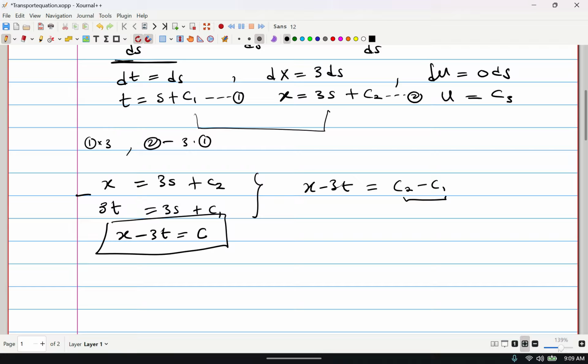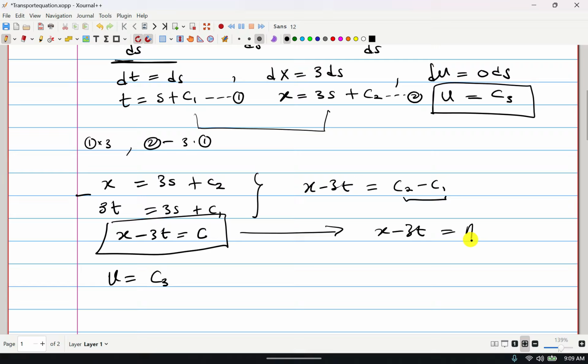On the other hand, we solve for u to get u is equal to c3. So u is a constant c3 that we don't know. But what this tells us is that along characteristics, the expression x minus 3t is equal to some constant. We can call it tau, or we can call it eta. So along characteristics, eta is always constant.